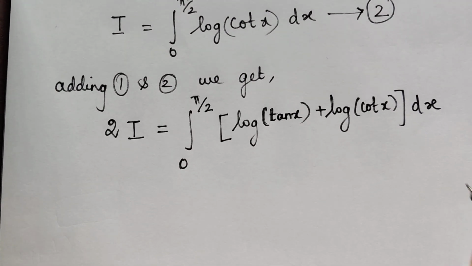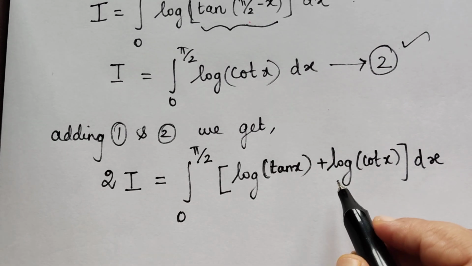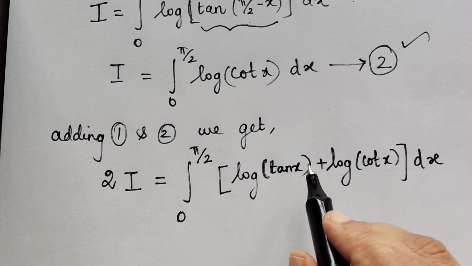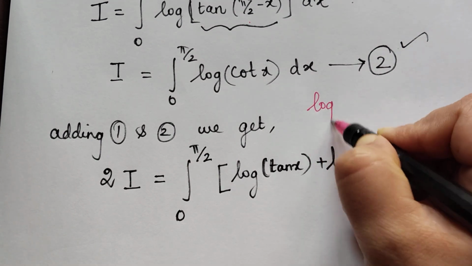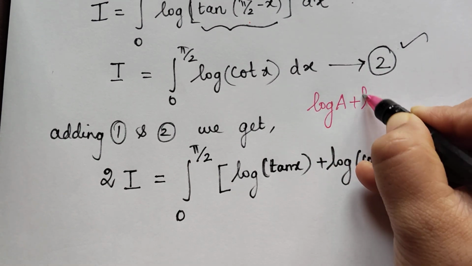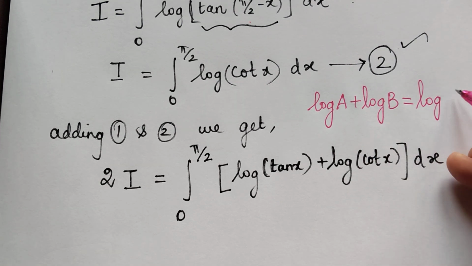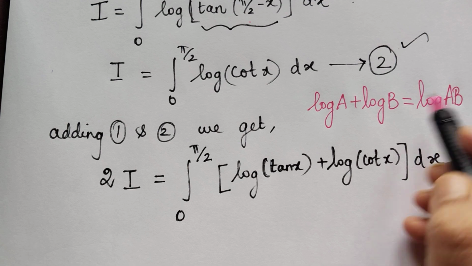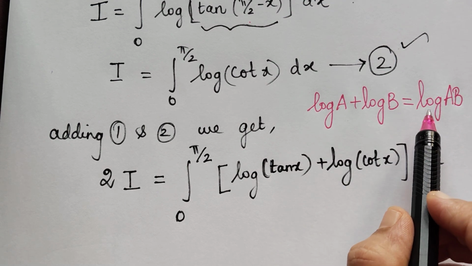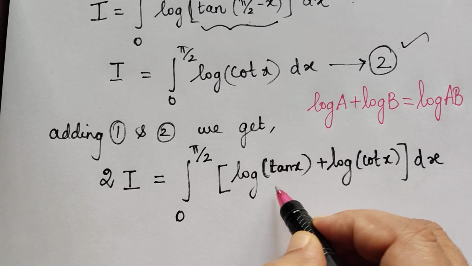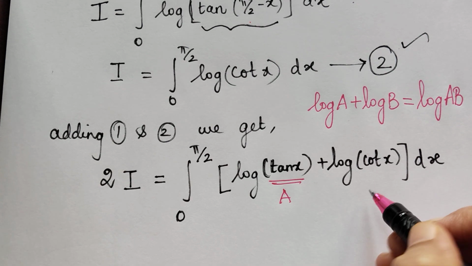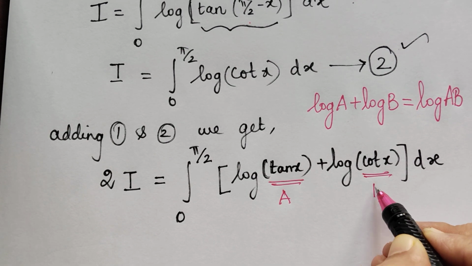Now by using a property from logarithm, we can rewrite this. We know that log a plus log b can be written as logarithm of the product of a and b. Here tan x can be treated as a and cot x can be treated as b.